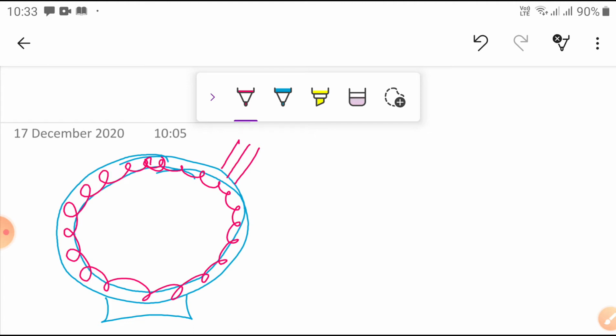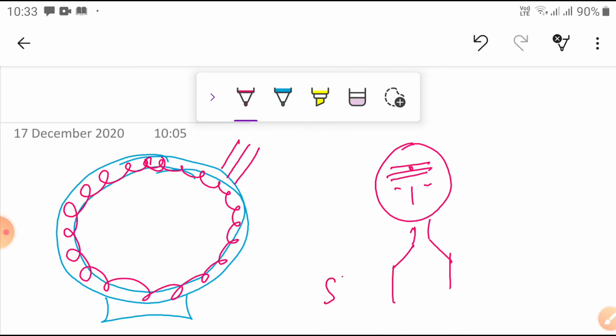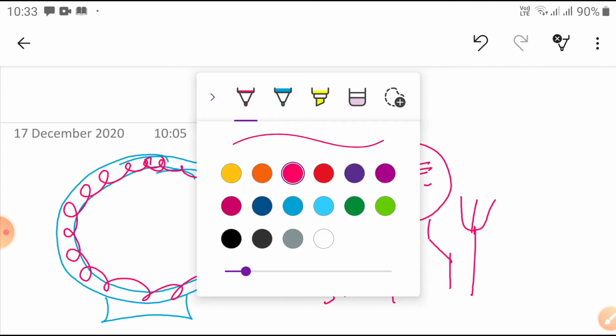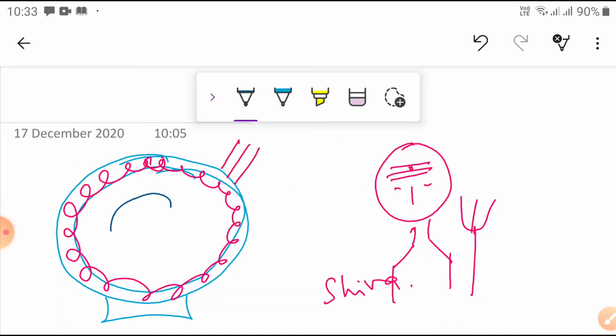Now just assume that this is a person who has a third eye, Shiva. Here is another person who is at the center, along with the winding rotor bars.